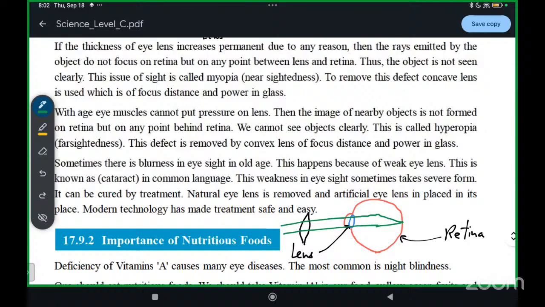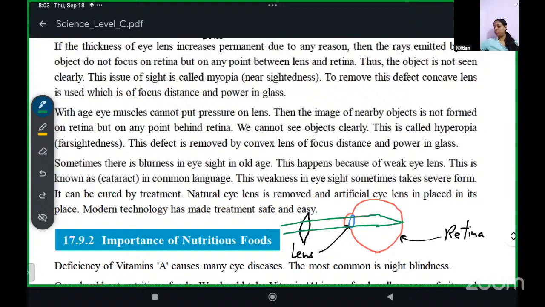Now, sometimes there is blurriness in eyesight in old age. This happens because of a weak eye lens. This is known as cataract in common. This weakness in eyesight takes a severe form sometimes, but it can be cured by treatment. The natural eye lens is removed and an artificial eye lens is placed in its place.